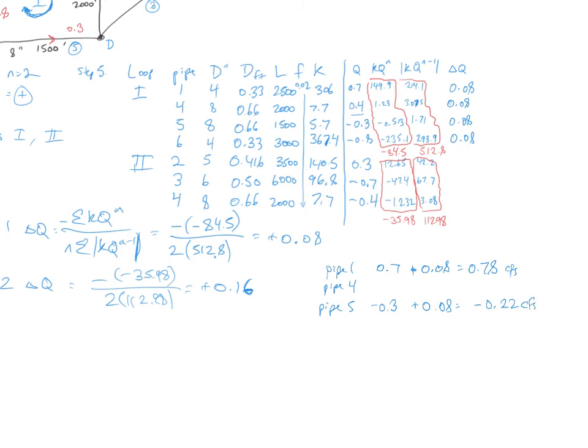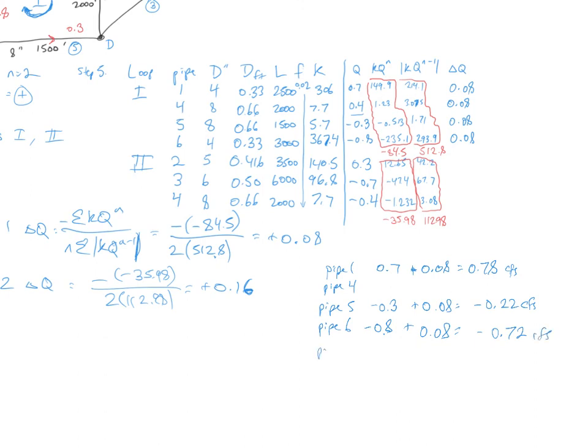It should be the case that I'm maintaining continuity through here, and I'll go back and show it in a minute, but if you look at junction B, you can see we're trying to maintain our continuity here. Pipe 6 was negative 0.8. I add 0.08, and I get a negative 0.72 CFS.